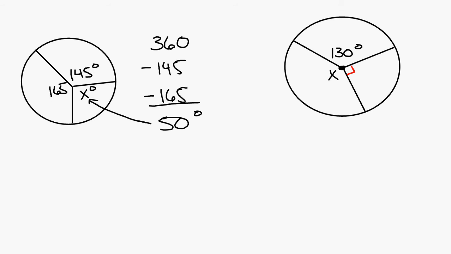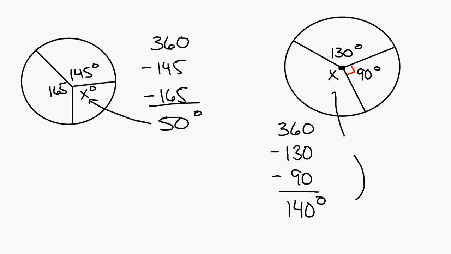Okay? So the right angle in this case is 90 degrees. So you would find X by taking 360 and subtracting 130 and then subtracting another 90, and 360 minus 130 minus 90 is equal to 140 degrees. So 140 degrees would be the measure of angle X. No matter how many angles there are, the central angles of a circle have to sum to 360 degrees.